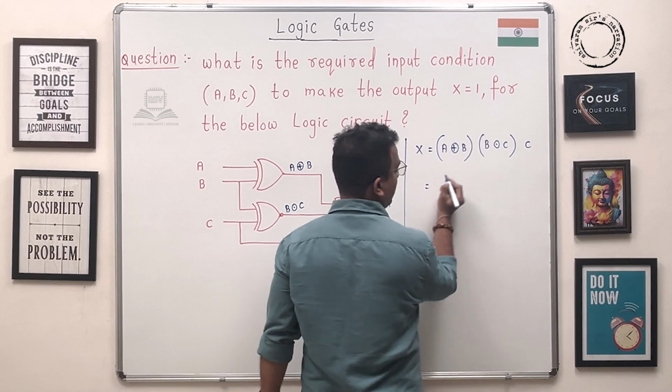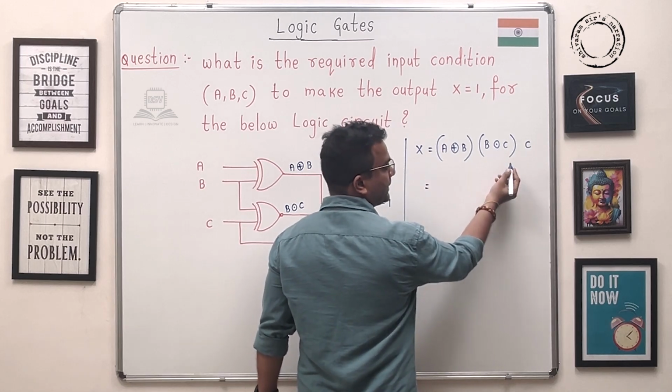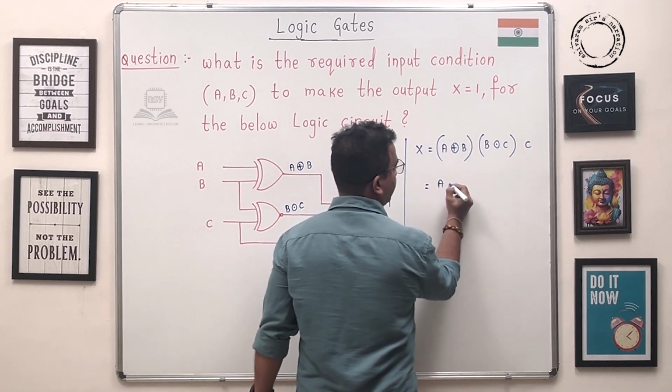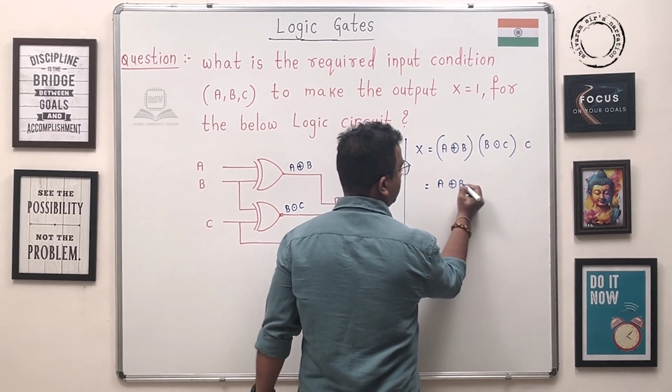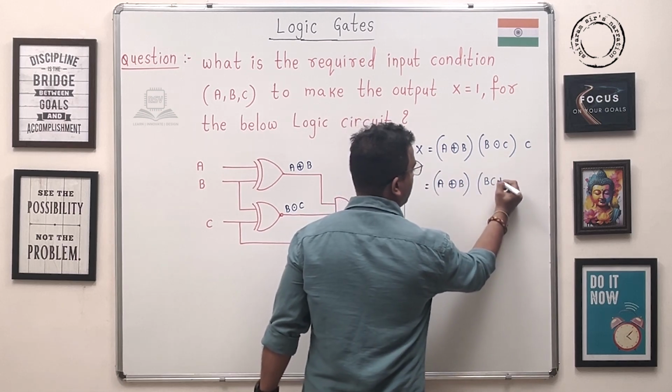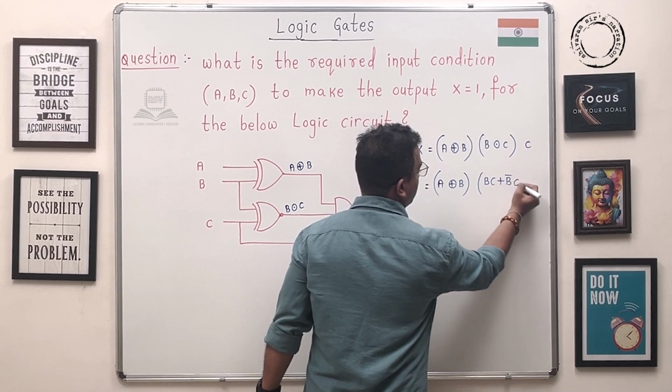Now, here, what is B XNOR C? BC + B bar C bar, the XNOR expression.